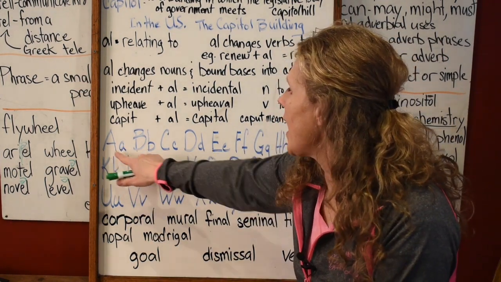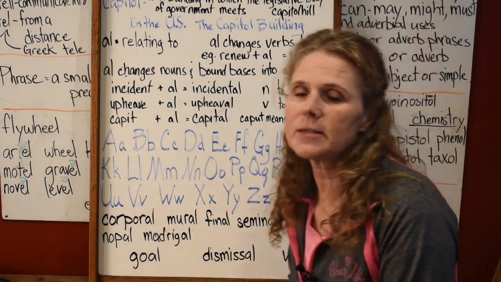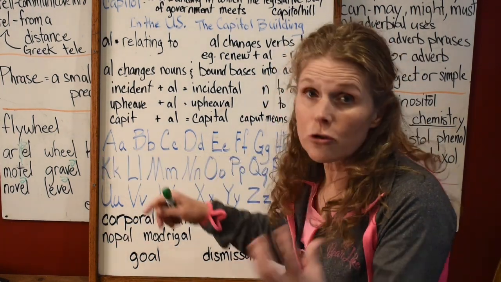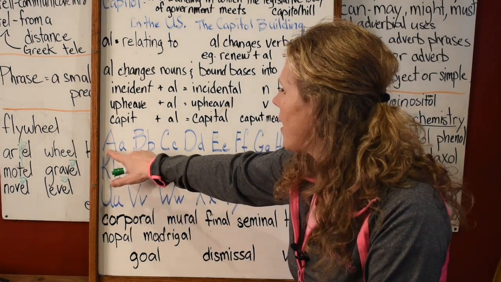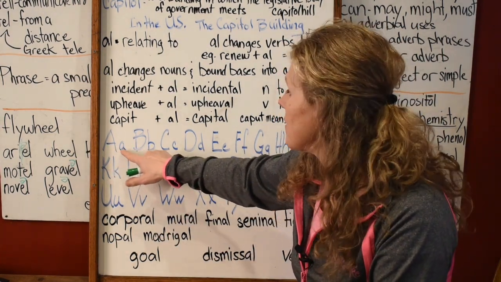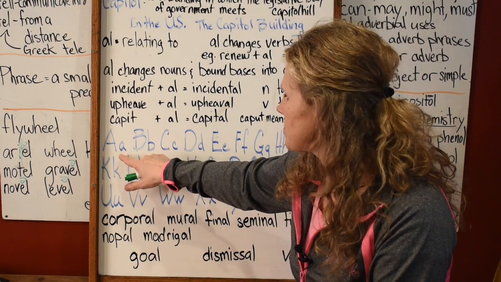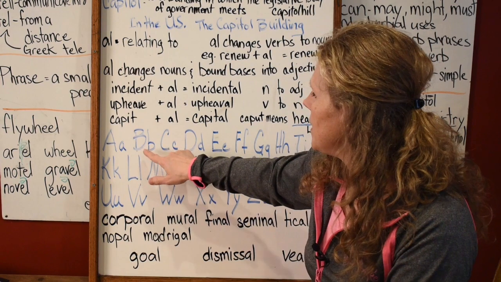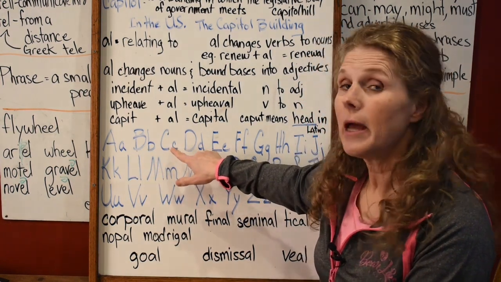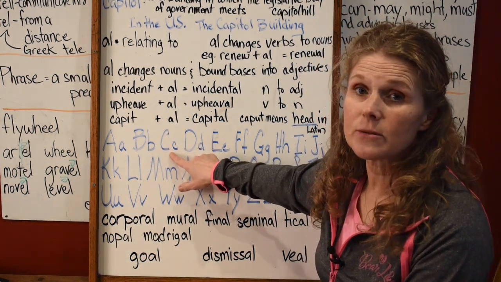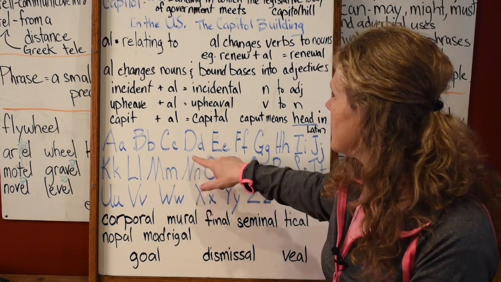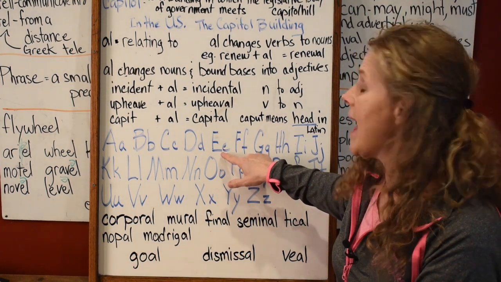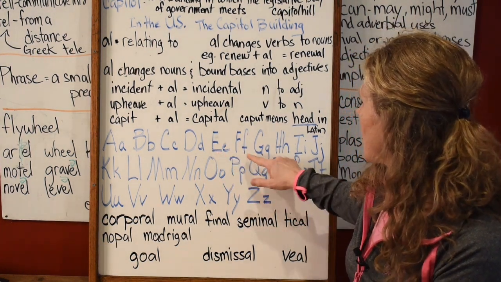Okay, so we're going to go through the alphabet because I think some of you need that, that are learning English. So we have A and A. A is the long sound and A is the short sound. B, B, C, K. And then C also has S when it's followed by an E, I, or a Y. D, D, E is its long sound. E is its short sound.